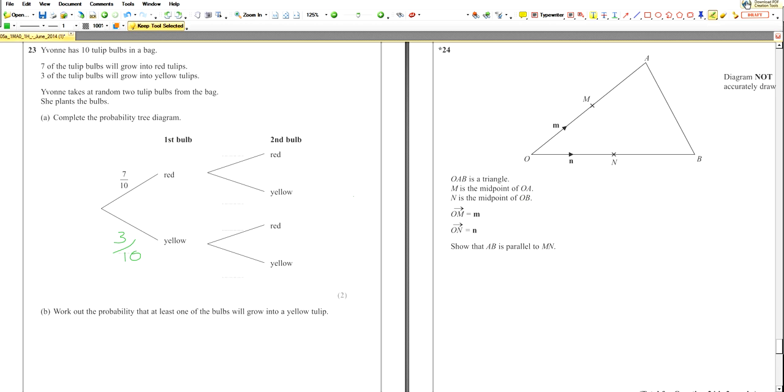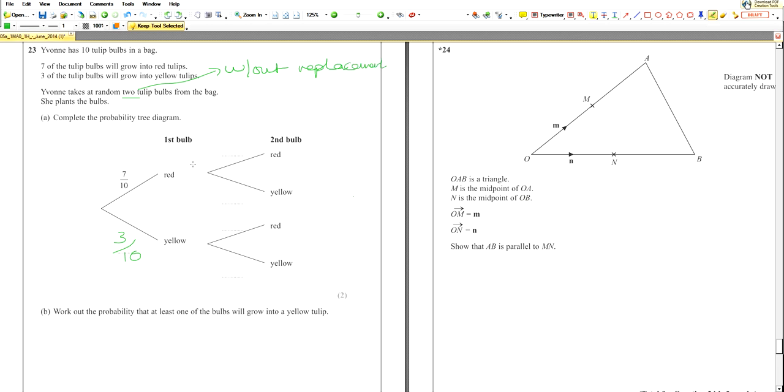Now, if you look at this particular question, what we have to realize is we've got 10 bulbs, but if we take 2 out, it says she takes 2 out from the bag, obviously the one followed by the second one. So this question, even though they haven't mentioned it, involves without replacement.